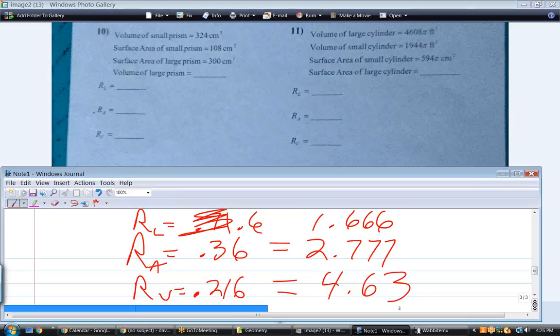So it doesn't really matter whether you use small to large. It's just that if you go small to large, all your ratios are going to be decimal. They're going to be less than the number 1. And then when you start cubing them and taking square roots of them and stuff, it's harder to see whether you've made an error.